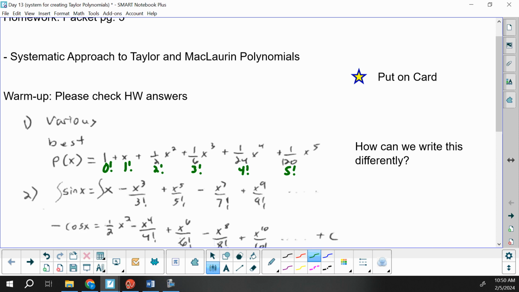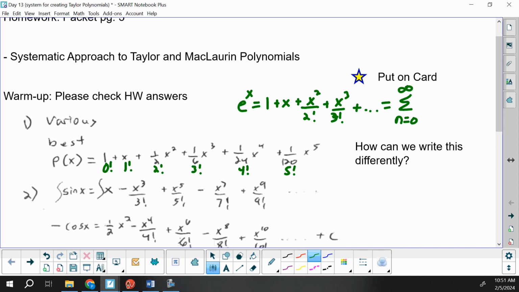So on your note card, under the sine x and cos x, let's do e to the x equals 1 plus x plus x squared over 2 factorial plus x cubed over 3 factorial plus dot dot dot equals, we'll do our summation from n equals 0 to infinity.